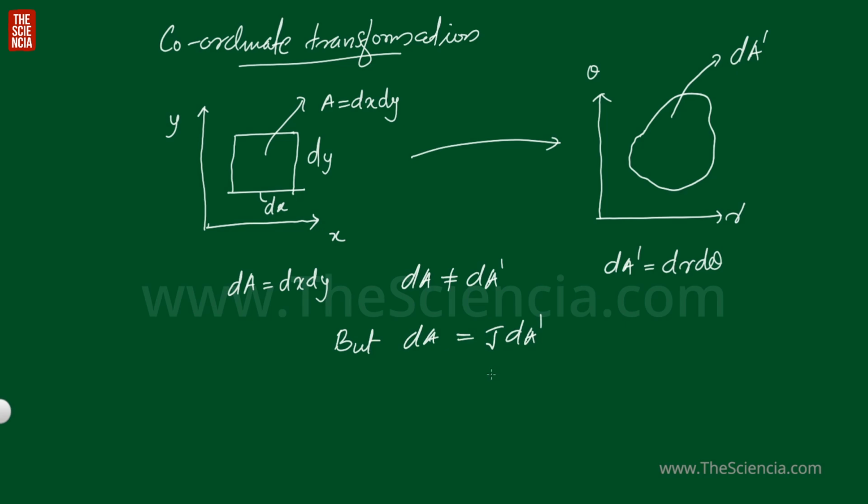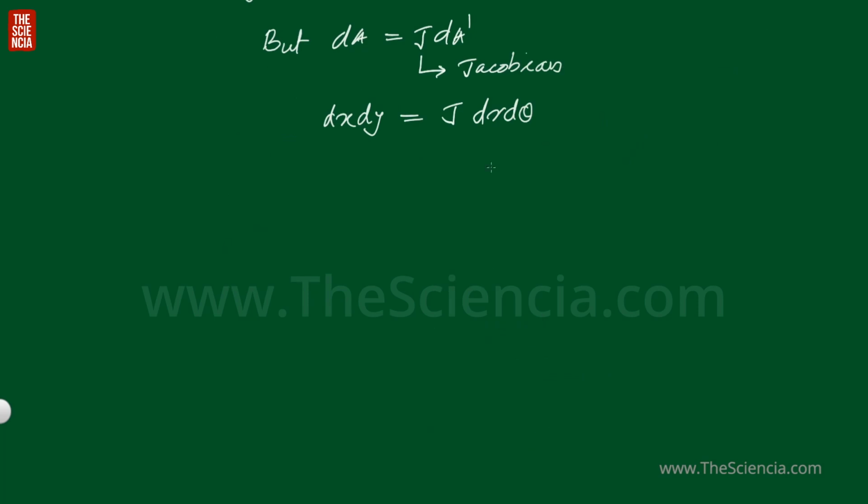So we can connect these two areas through a Jacobian. That is, dx dy will be equal to j dr d theta, where this Jacobian j is defined as dou xy by dou r theta.